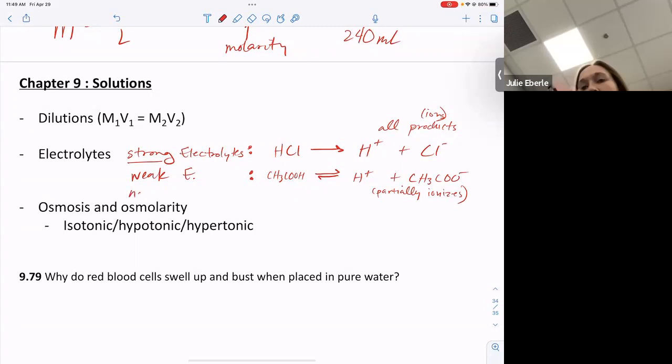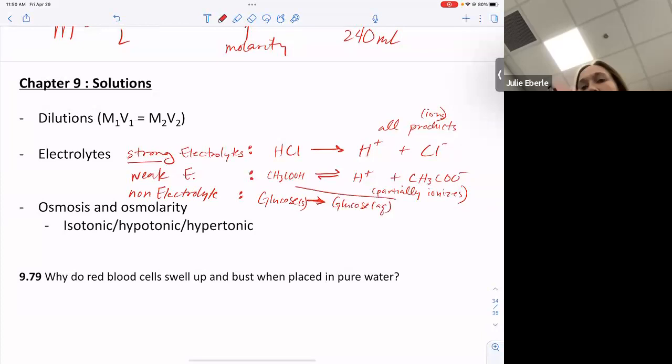A non-electrolyte doesn't ionize, doesn't make ions. That would be when you have molecules like glucose as a solid, like melting into their molecules or whatever.